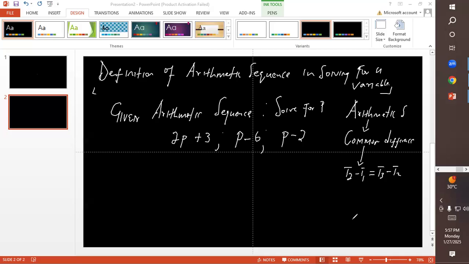So I take term 2 and subtract term 1. Term 2 is p minus 6. When you subtract, put those terms in brackets: I'm subtracting term 1, which is 2p plus 3.